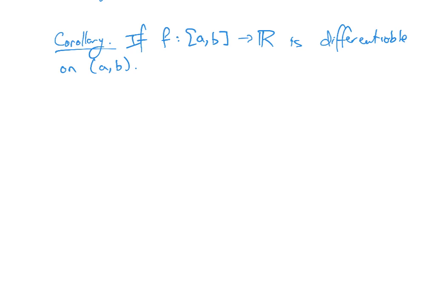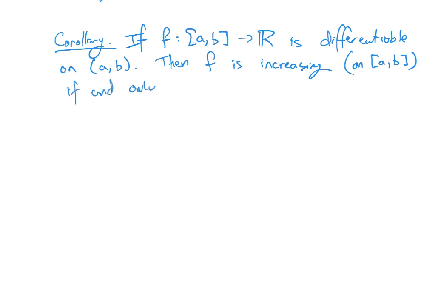I've dropped continuity at the endpoints, because we don't need it. Then f is increasing, and by increasing, I mean on its domain, which is this closed interval, if and only if its derivative is positive on the inside.